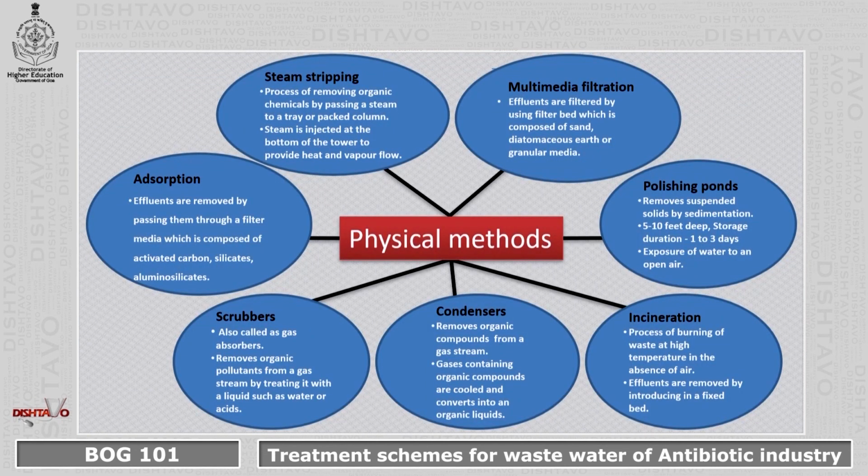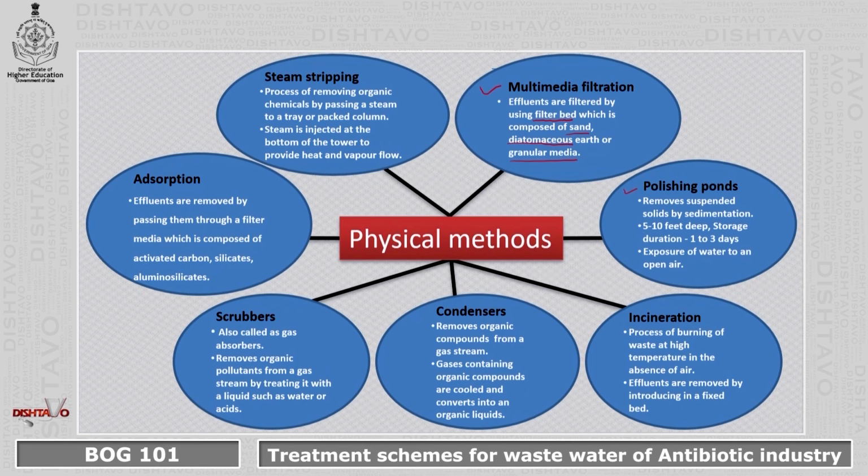Now let us learn about the physical methods of antibiotic industry wastewater treatment scheme. The first is multimedia filtration. Here, the effluents are filtered by introducing the wastewater into a filter bed. The filter bed is composed of sand, diatomaceous earth, and granular media. The next is the polishing ponds.